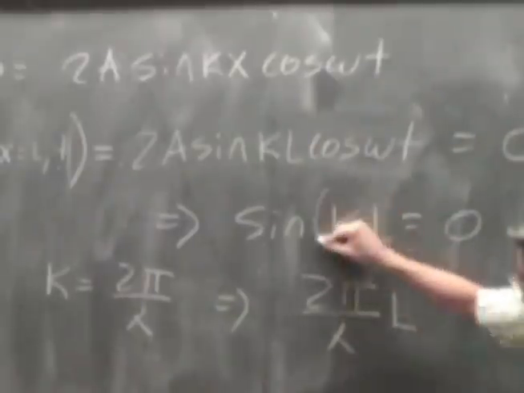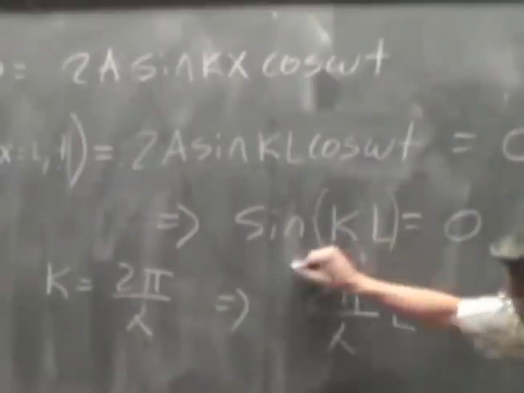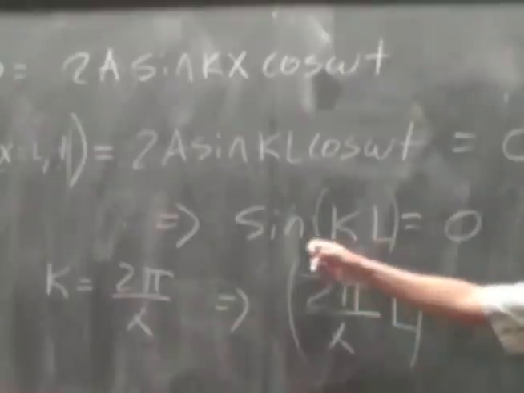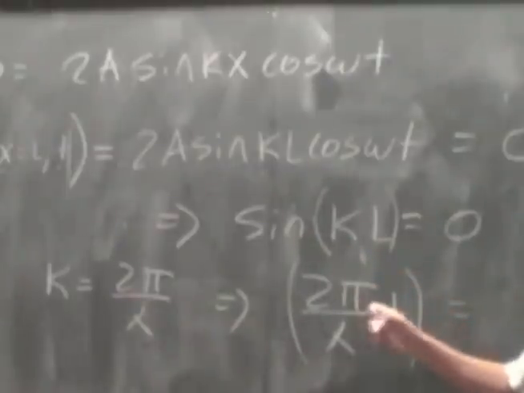So what angle should that be? The argument that goes here being 0, we already covered that. Don't consider that one. What other angles satisfy the condition? Sine of this equals 0.